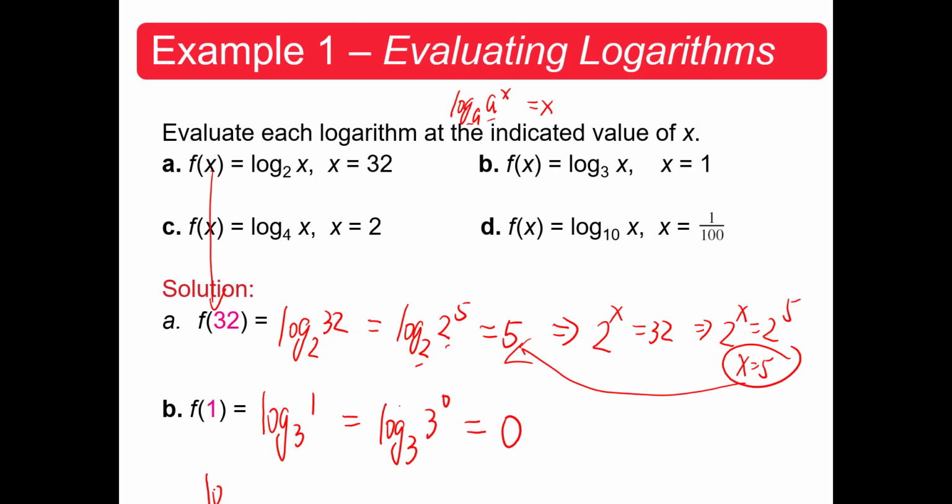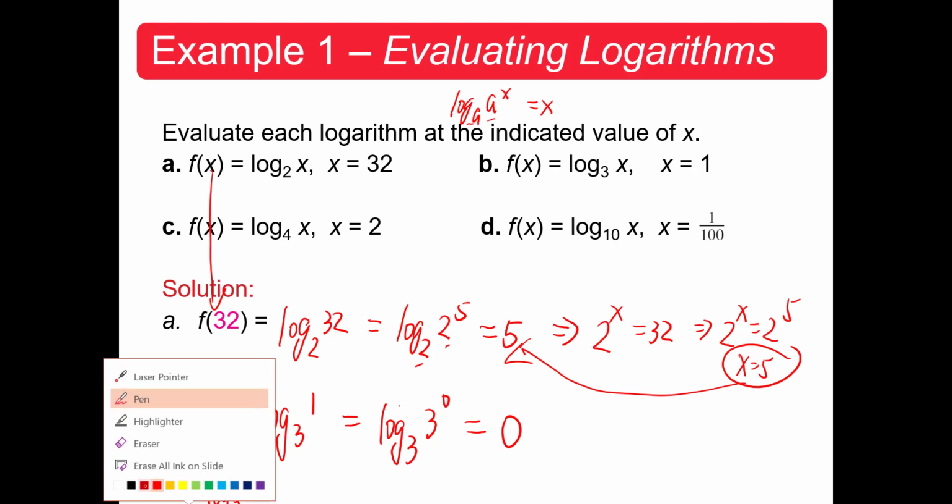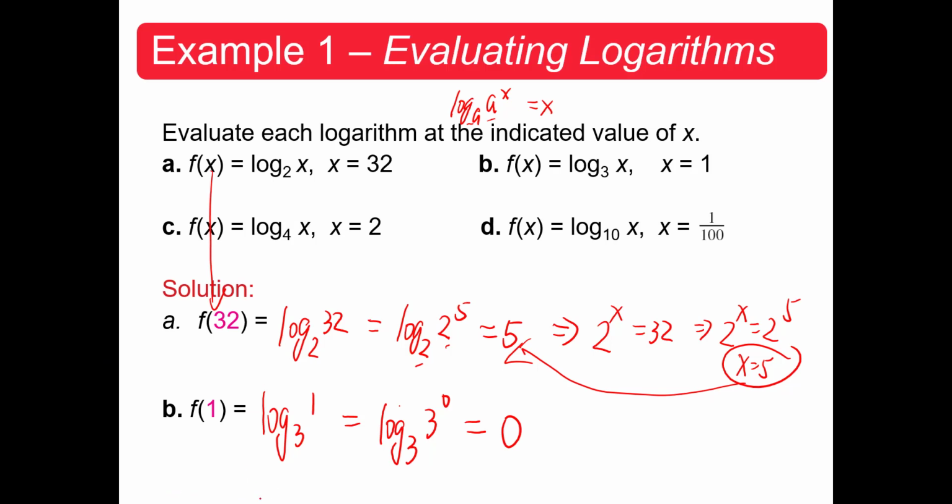Another way of looking at it is, assuming log base 3 of 1 is equal to x, and we try to solve for x. So now we do 3 to the x power equal to 1. And we know that x value must be 0 for this equation to be true. And that's how we solve it using the exponent. Right, so either way is good.